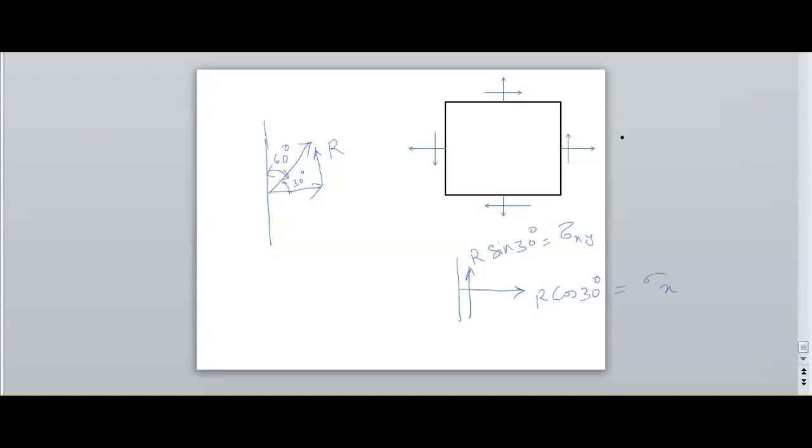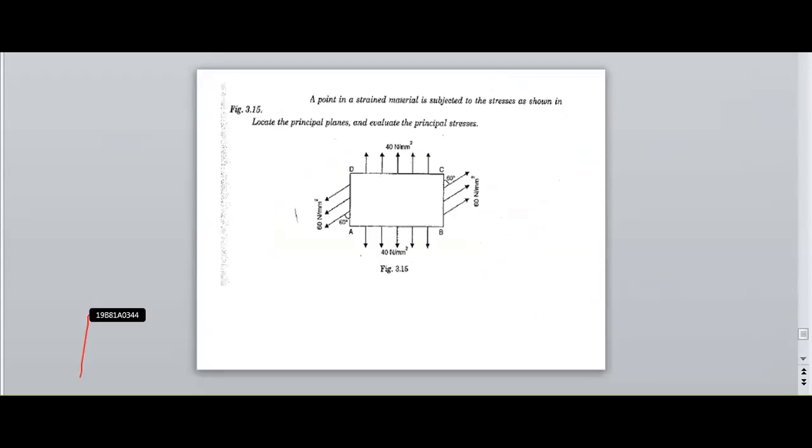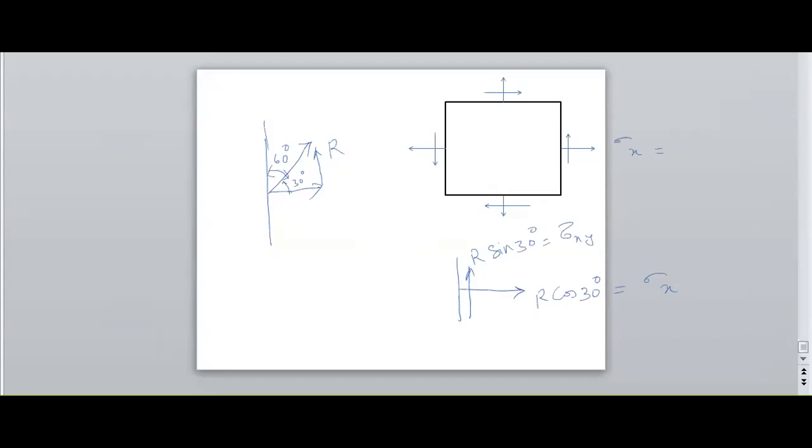Now I know sigma x is 60 cos 30 degrees, and tau xy is 60 sine 30 degrees.